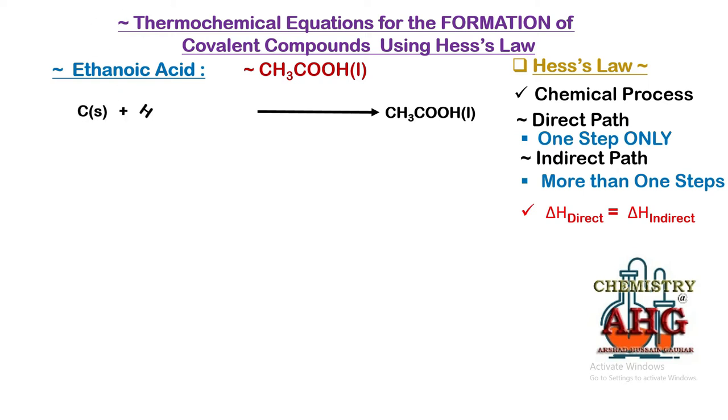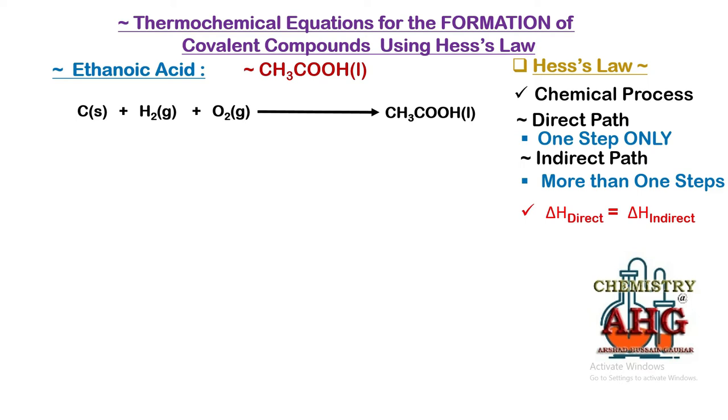Hydrogen is a diatomic gas. Oxygen is a diatomic gas. We can combine these three elements, and we can expect the formation of ethanoic acid. When we mix these three elements and get ethanoic acid, this will be known as direct path for the formation of this compound, since it involves one step only.